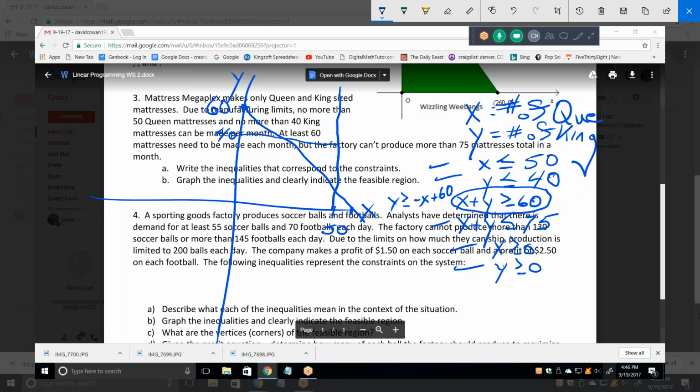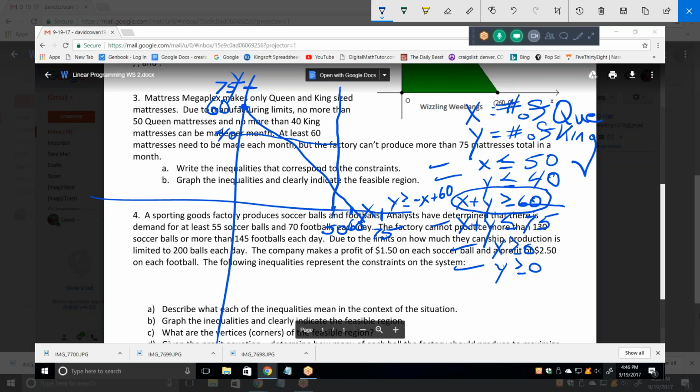And now let's add the fourth one. How do I graph that? I start at 75. So x plus y, so y is less than or equal to negative x plus 75. Okay, what are the x and y intercepts? The y is at 75, and x is at 75.